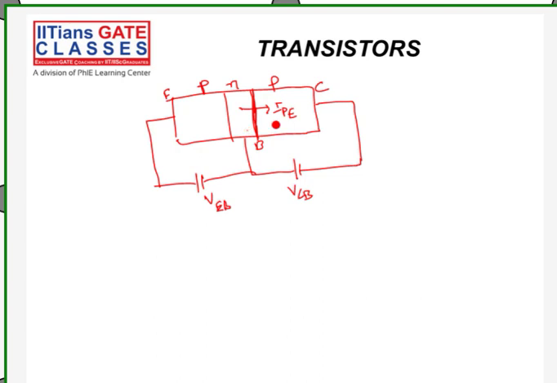ICO is that reverse saturation current through this reverse biased junction. I discussed that IC will be this.